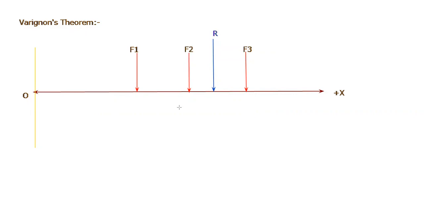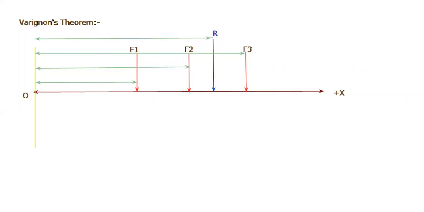Let's draw the distances. For F1, we have this distance D1. For F2, we have distance D2. For F3, we have the distance D3. And for R, we have the distance small d.